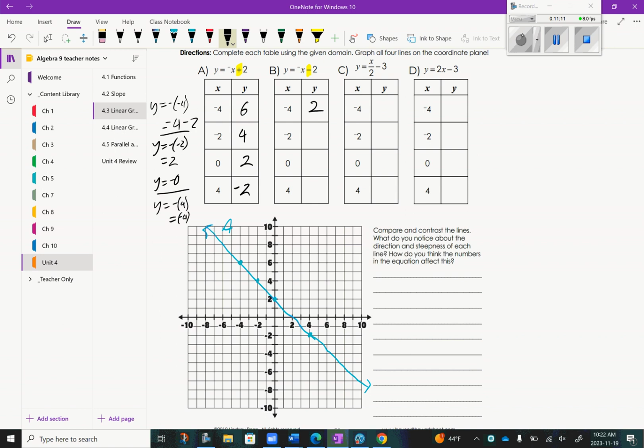If I substitute negative 2, oh, how many negatives can we do here? So this becomes 2 minus 2. That's 0. Substitute 0 in place of x. Negative 0 minus 2 is negative 2.